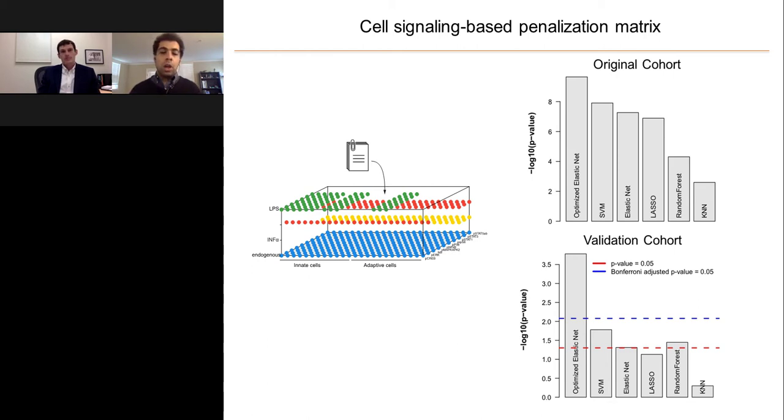In a high-dimensional data set like this one, there usually are many models that have a similar predictive power. They are all able to predict, in this case, gestational age with a similar error rate. What this Bayesian prior does is that it encourages the model to find the instances that are more consistent with our current understanding of immunology.